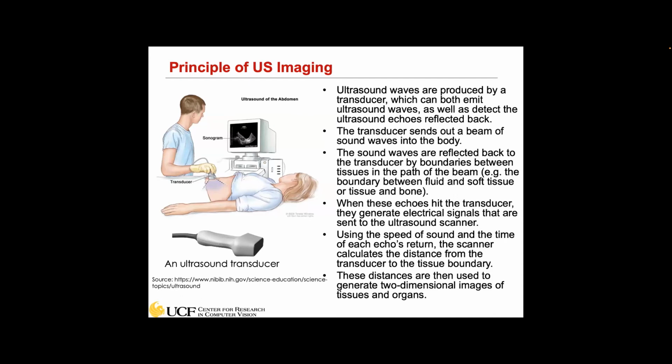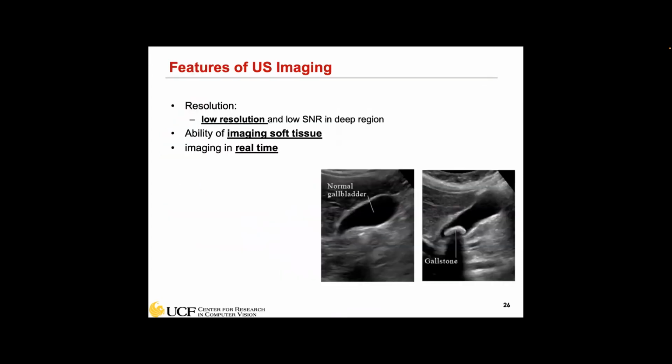These distances are then used to generate two-dimensional images of tissues and organs, okay? Dense tissues will appear bright on the ultrasound. For example, kidney stones or gallstones, which are high density, will appear very bright on the ultrasound image.